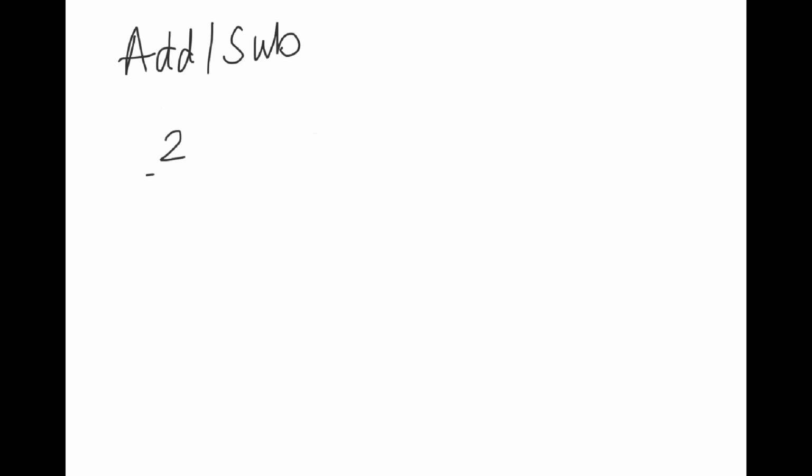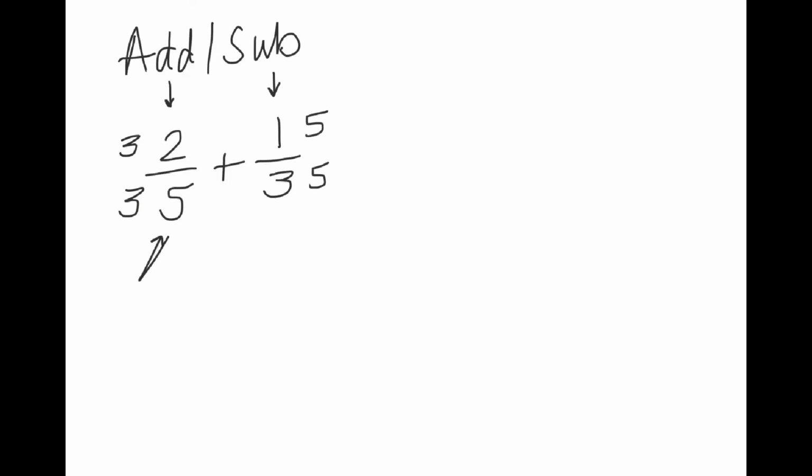Let's say we have 2/5 plus 1/3. What we do is we multiply this fraction by this denominator, 3, 3, top and bottom. And then we multiply this fraction by this denominator, 5, 5, top and bottom.